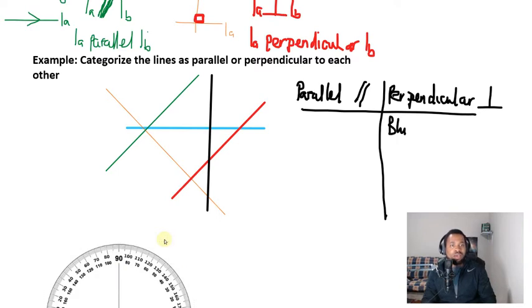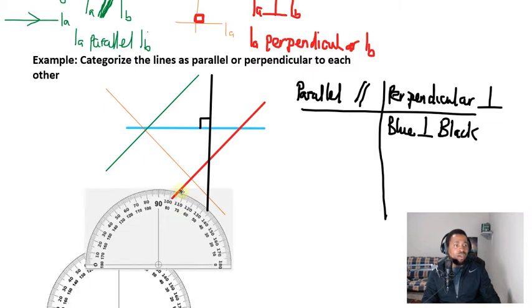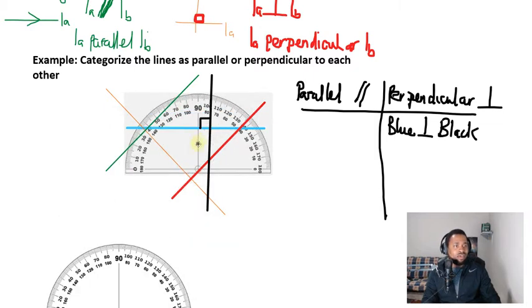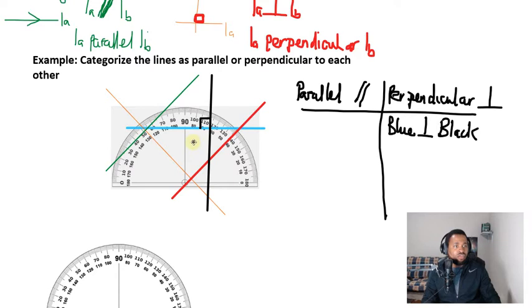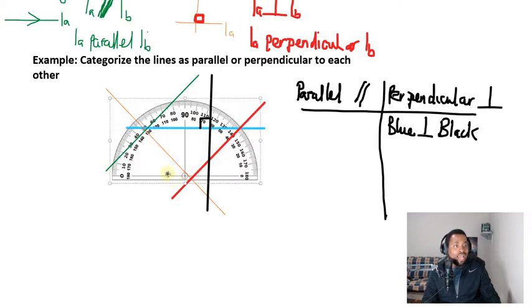So blue is perpendicular to the black line, and you can show this relationship by putting this particular square box right there. Another one again you notice is this particular shape right here, where the orange line is perpendicular as well to the red line.